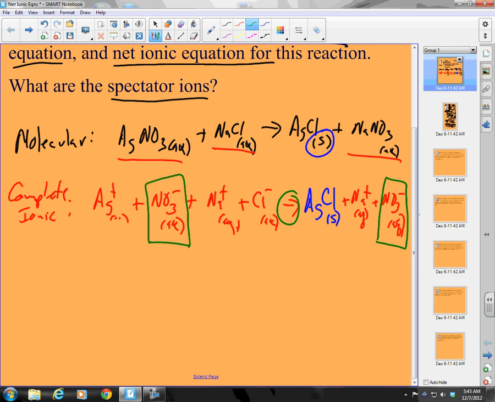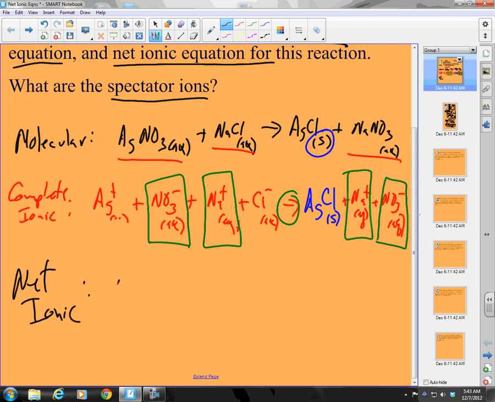I have one Na plus here. Do we have one? Yeah, here. So that's a spectator ion. So now what am I going to do for my net ionic? I'm going to write down my Ag plus aqueous.